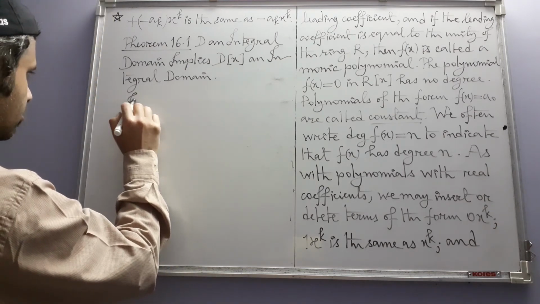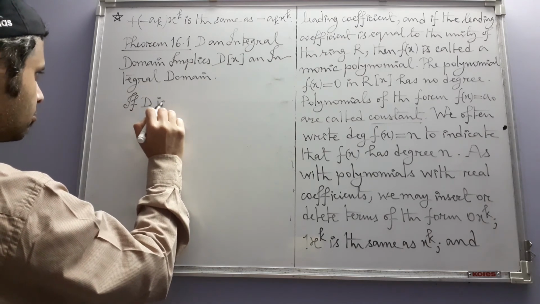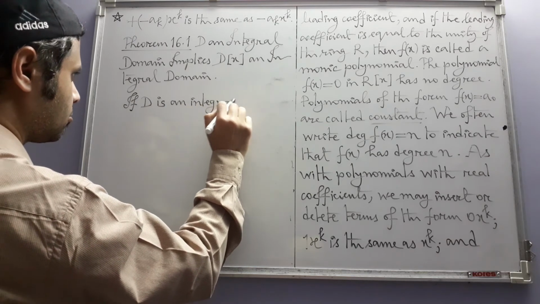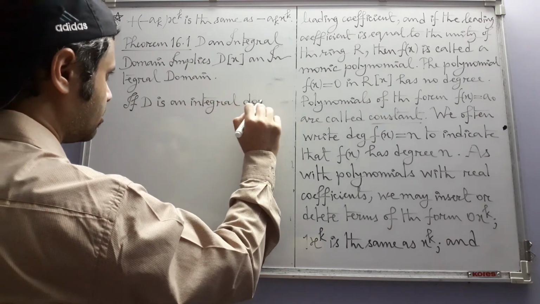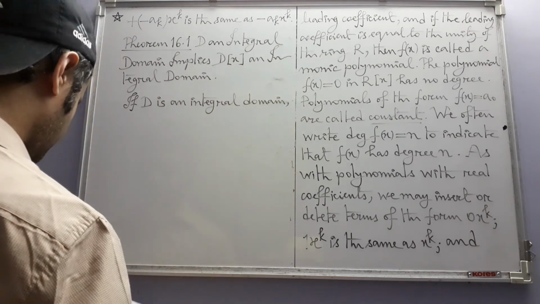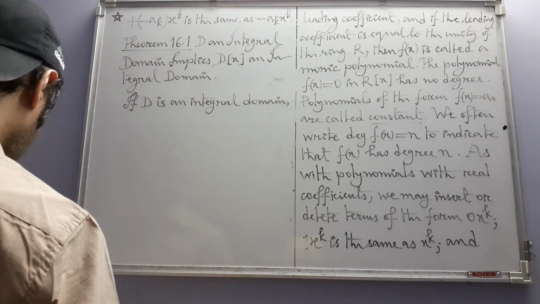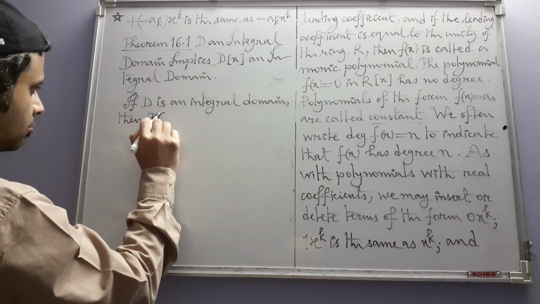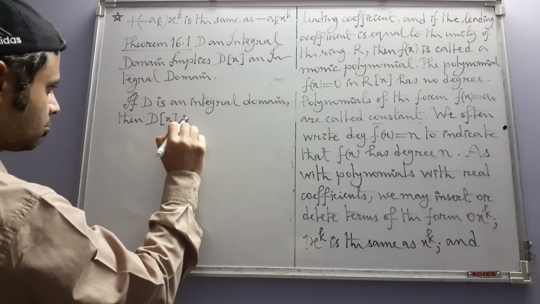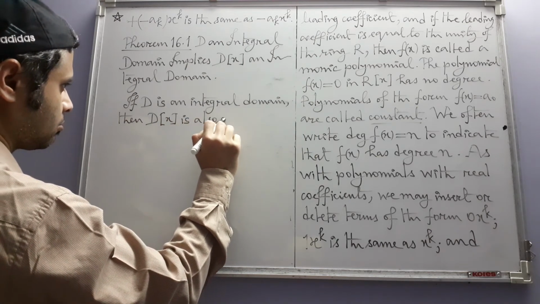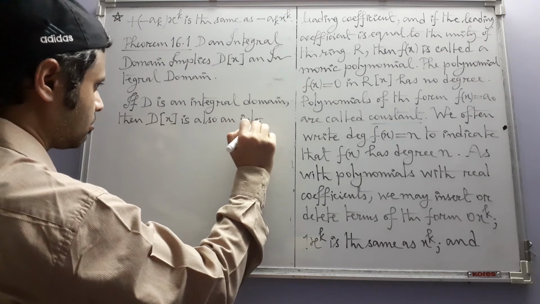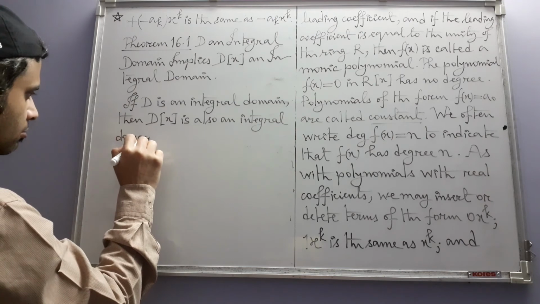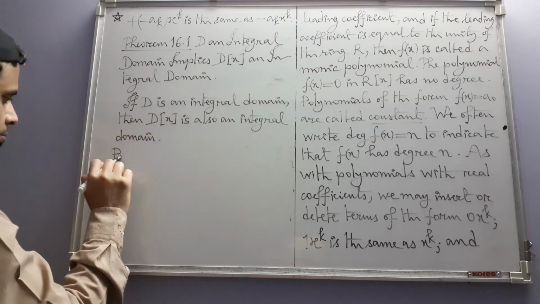If D is an integral domain, then D[x] is also an integral domain. Proof.